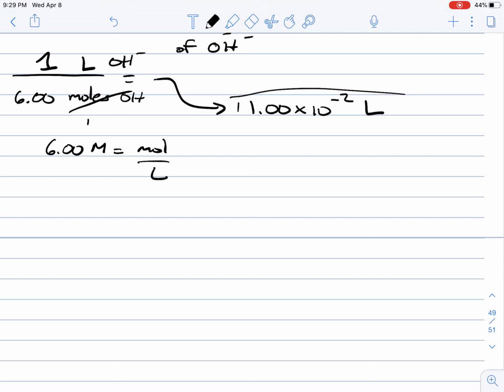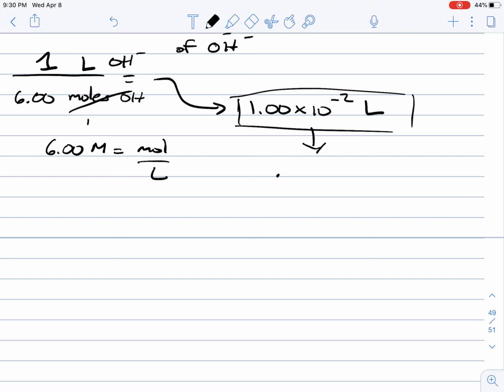And so cool. If we measure out 1 times 10 to the negative 2 liters, then that's how much of 6 molar sodium hydroxide is required to add to 250 mils of nitrous acid to create a buffer that has a pH of 4.00. Now, it's really hard for us to measure out 1 times 10 to the negative 2 liters. And let's go ahead and express this in decimal.